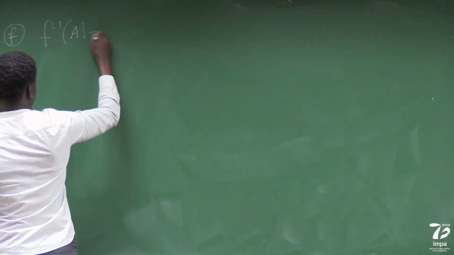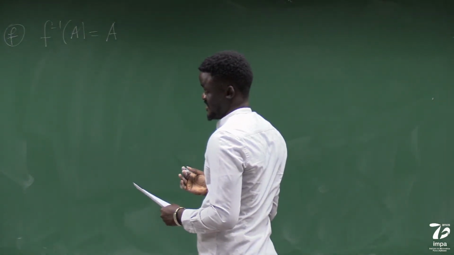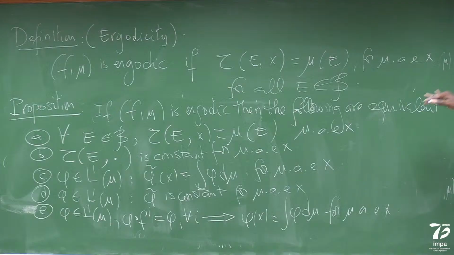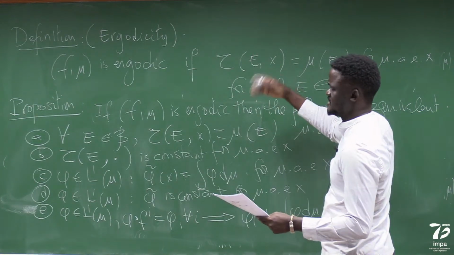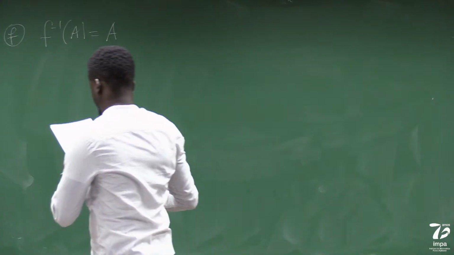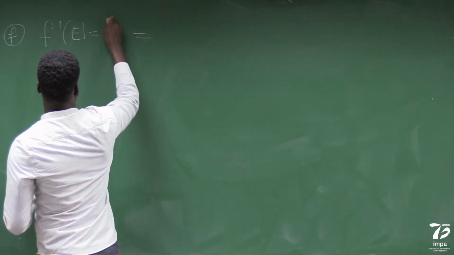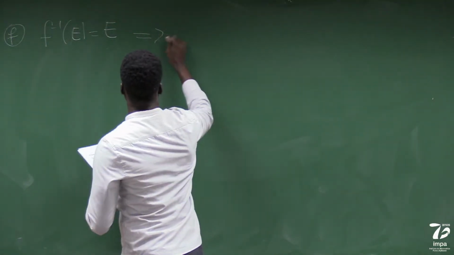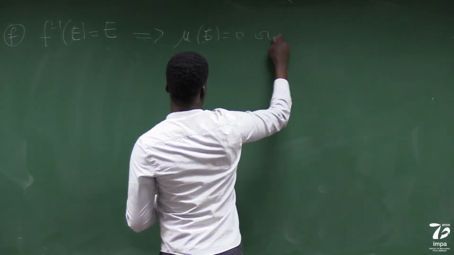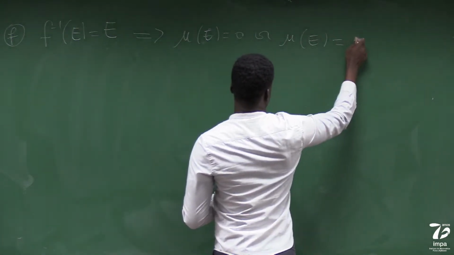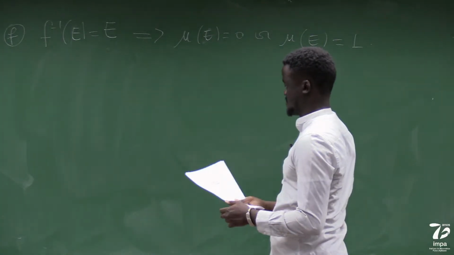This is the definition that people use for ergodicity, which is more explicit than this one, because this one is maybe difficult to think about, since usually it involves some limits. But here it implies that mu of E is 0 or mu of E is 1. Like invariant sets are full measure or negligible, okay?